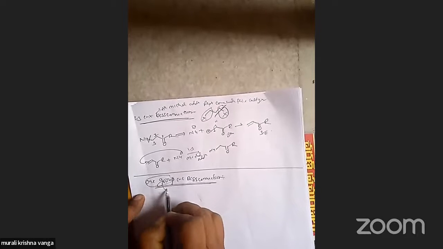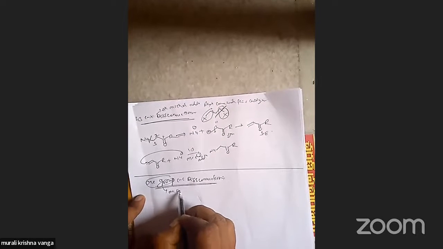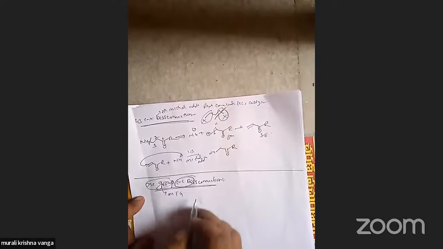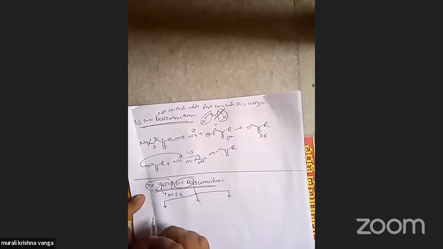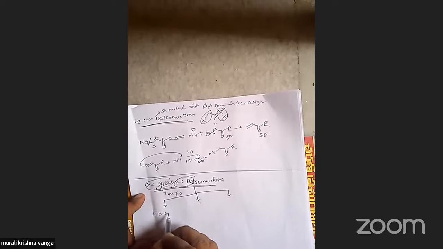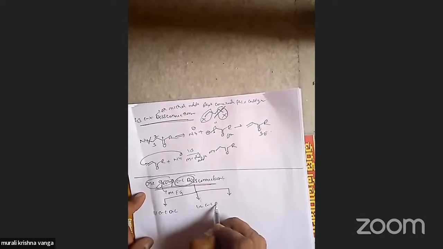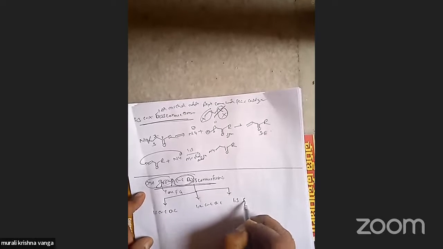That means the molecule contains one functional group and undergoes CC disconnection. Again, this one group CC disconnection is of 3 types: 1,1 CC disconnection, 1,2 CC disconnection, and 1,3 CC disconnection.